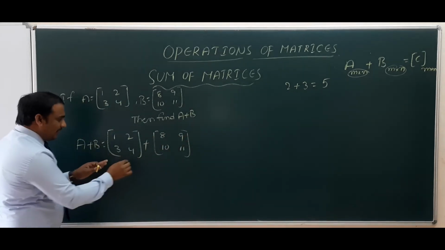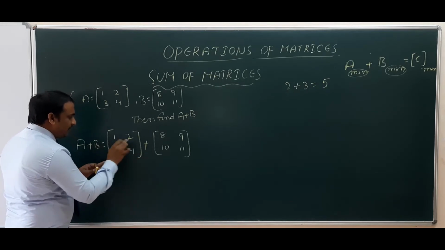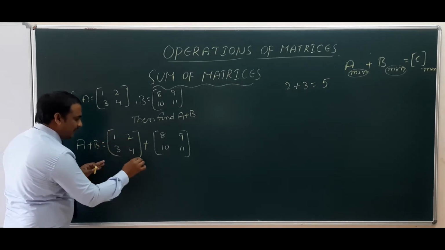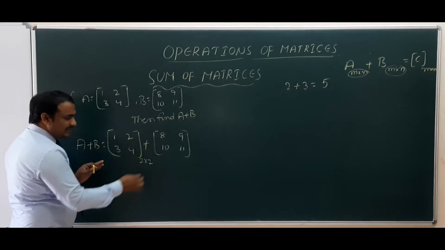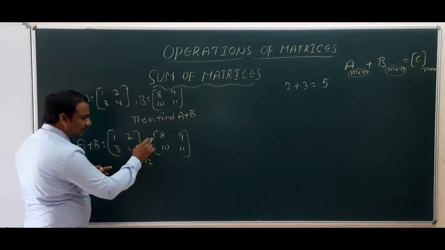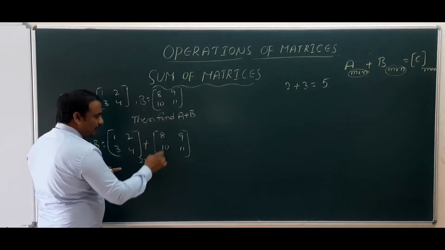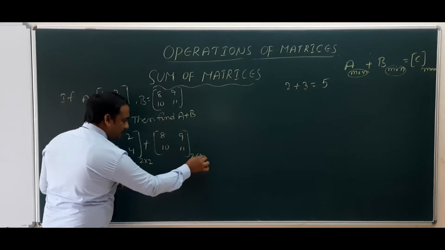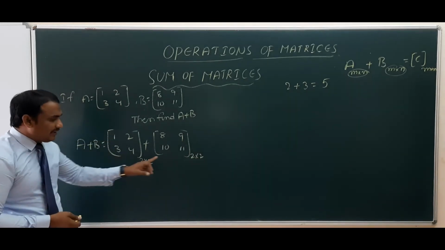Both matrices have the same order. What is the order here? First row, second row, first column, second column: 2 by 2. Second matrix, what is the order? First row, second row, first column, second column: 2 by 2.